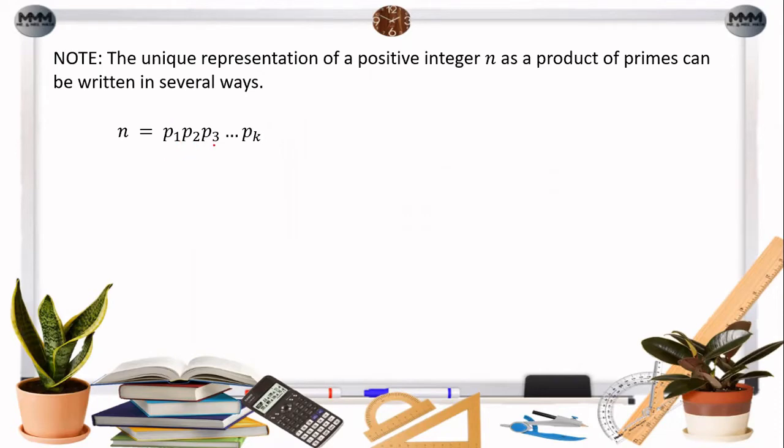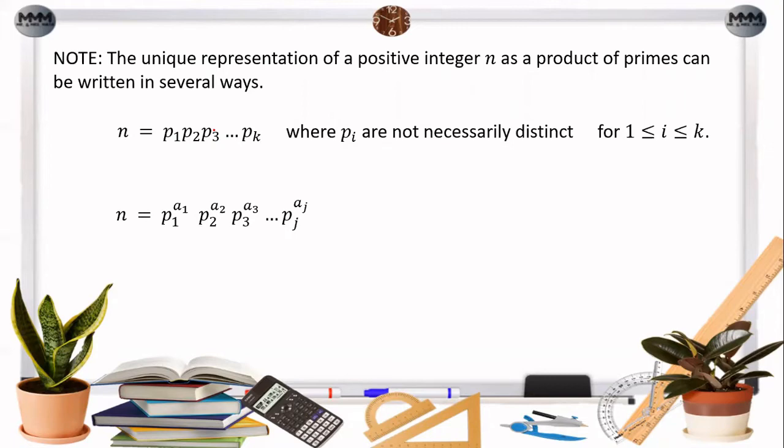So here, P1, P2, P3 up to Pk, where P sub i is a prime integer, where the P sub i are not necessarily distinct, for i greater than or equal to 1, but less than or equal to k. By the way, we mean here P1 and P2 could be the same numbers, or P2 and P3 could be the same prime number. Follow?